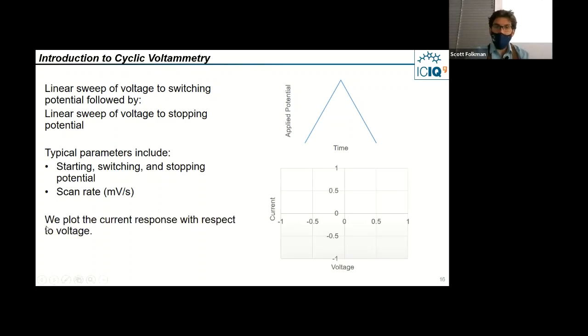And so the plots that we have is the current versus voltage. And so we might plot several cyclic voltammograms with different scan rates, and that wouldn't be apparent from this plot. We could do different scan rates and they would have different characteristics on this plot, but it wouldn't be the same.